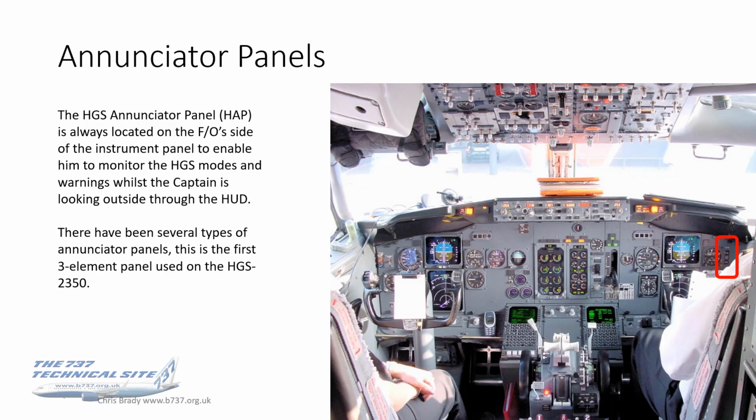That's to enable him to monitor the modes and warnings whilst the captain's looking, his eyes out through the HUD. There have been several types of Annunciator panels, actually 4 different types, and this was the very first one, and it's what's known as a 3-element panel. I say it was used on the 2350.